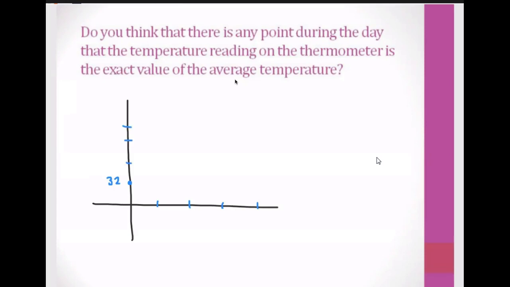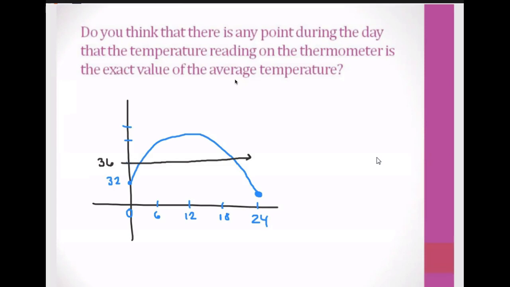It usually meets its max around the afternoon, and then as the day continues, it starts to decrease. So if that's time 24 and this is time 0, and those are all your times in between, if the average temperature is, let's say, 36 degrees.